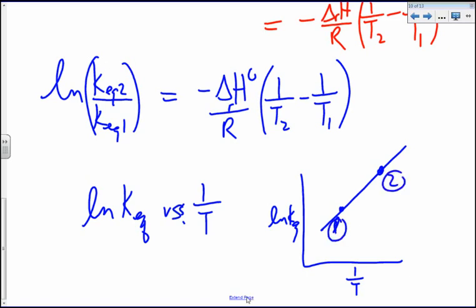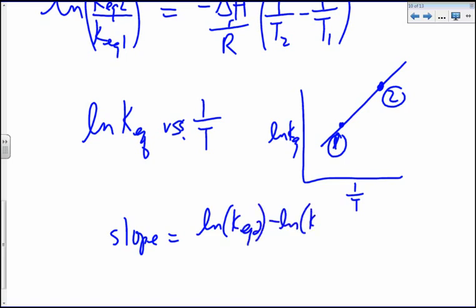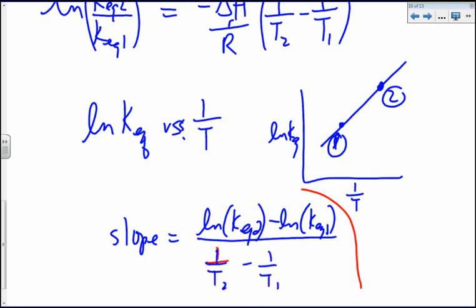That's my slope there. My slope is equal to ln of KEQ2 minus ln of KEQ1 over 1 over T2 minus 1 over T1, right?